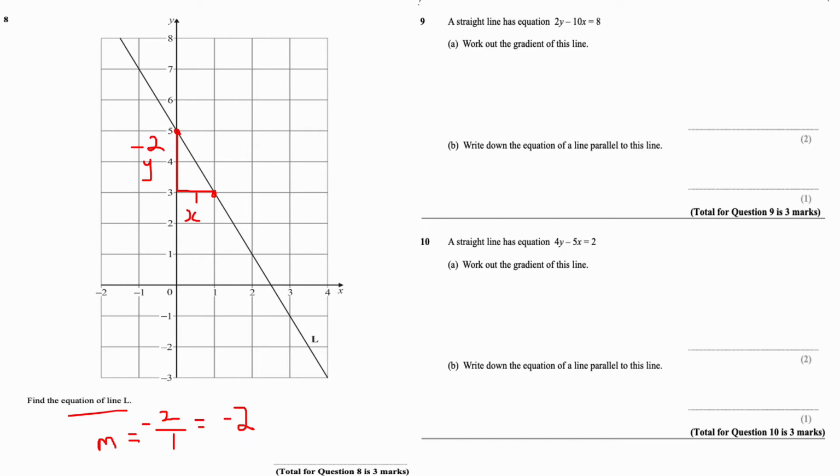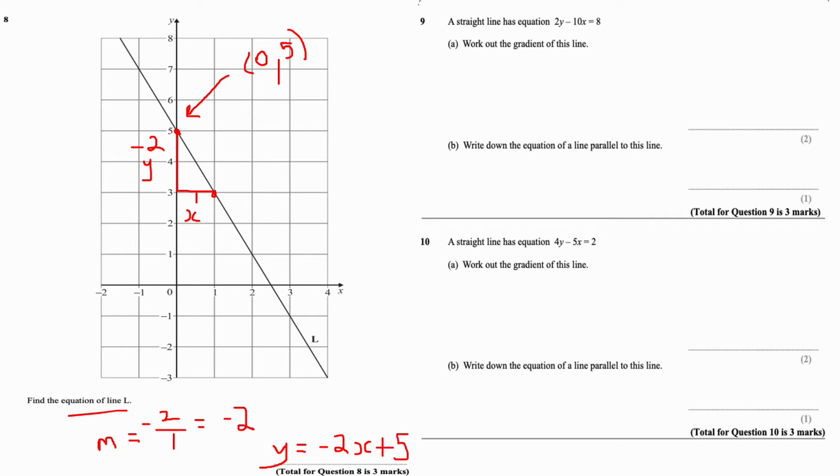The next part is to recognize that I need to work out the plus c here. The plus c is where it crosses on the y-axis. It crosses the y-axis at 5, so the coordinates of that are 0, 5. So then we know that our final answer is going to be y is equal to minus 2x plus 5.